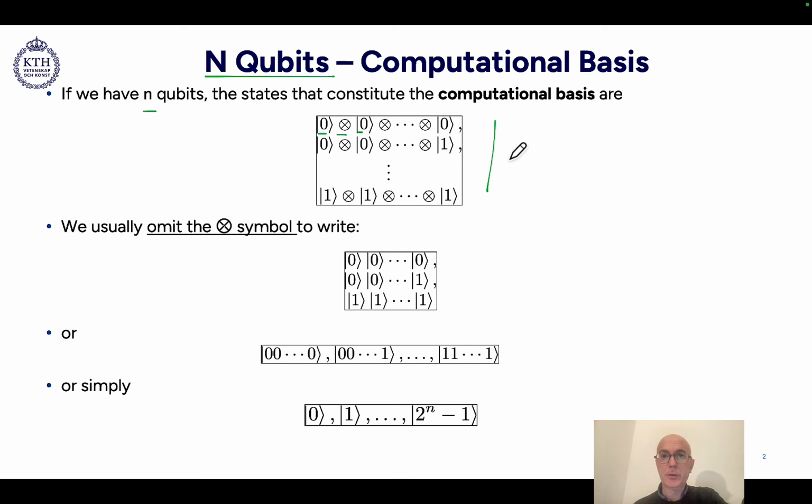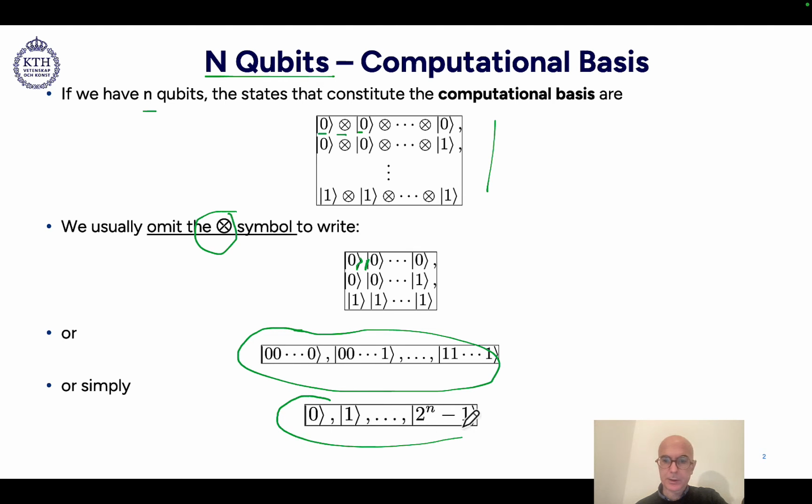As we did for the two qubit system, we omit the tensor symbol to write in this form here. We can also omit the bracket and this line here to arrive at this concise form that implicitly includes the tensorial product. And last but not least, we can write this from binary to decimal form.